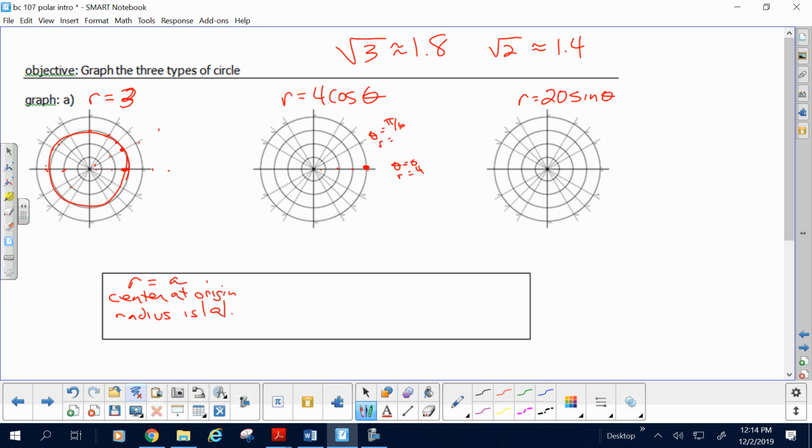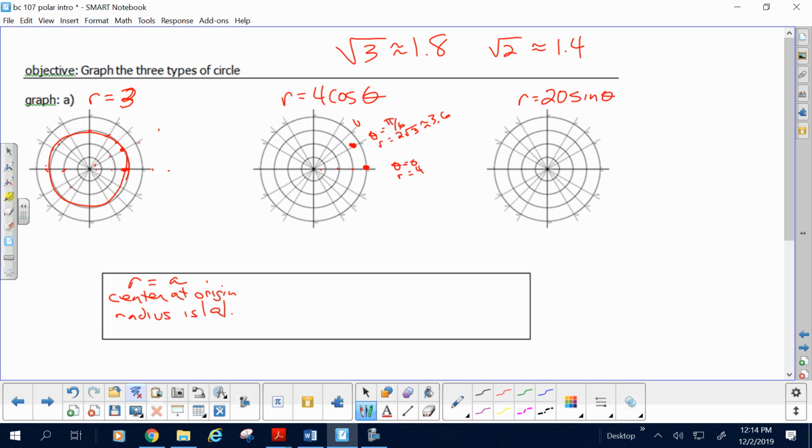Root 3 over 2 times 4, so 2 root 3. Now that's about 2 times 1.8, or 3.6-ish. So forward 1, 2, 3, and a little less. All right. So you can see that we were actually going out the very furthest at that first point, and now we're starting to go less and less far out.